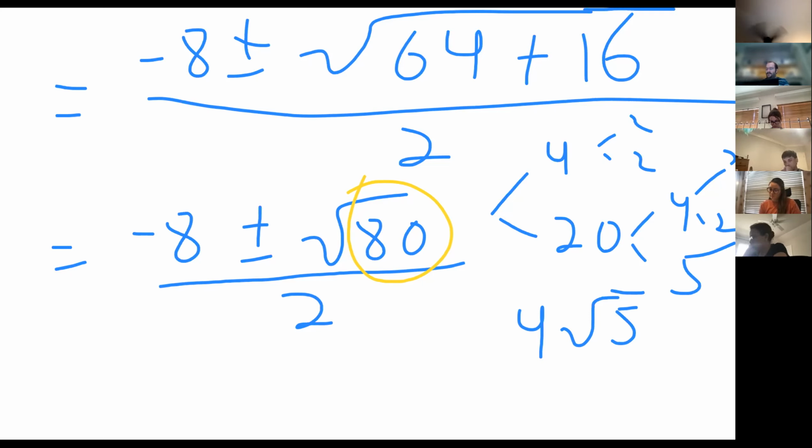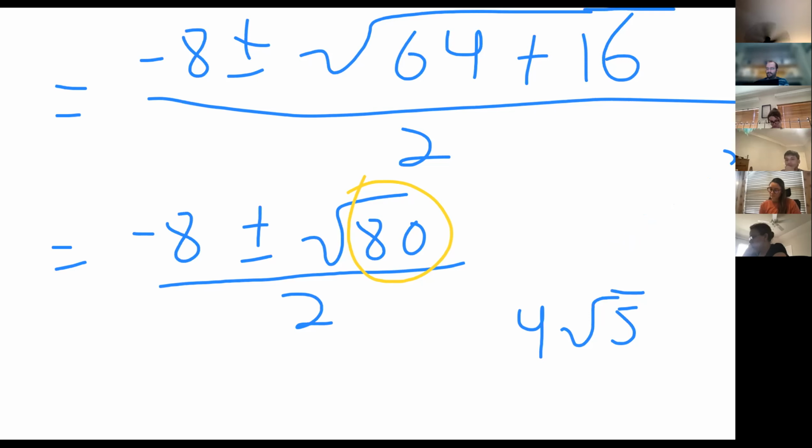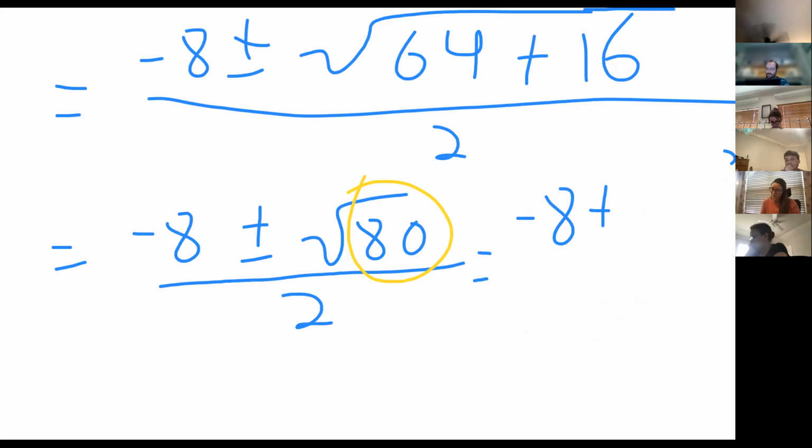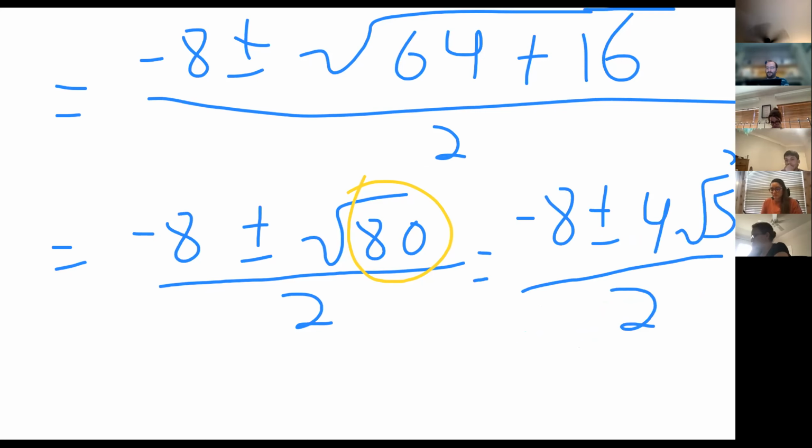And so we simplify the radical into 4 root 5. Oh, that was a 2 from that previous one, huh? So if I cram it in here, minus 8 plus or minus 4 root 5 over 2.